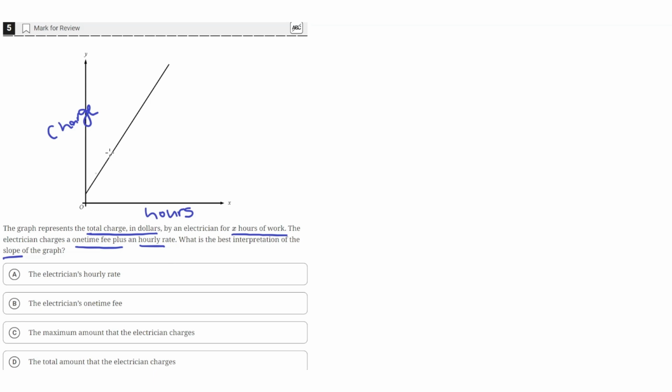And we can see that this line is a linear line, so its equation is of the form y equals mx plus b. In this case, since the electrician charges a one-time fee, the y-intercept is equal to the one-time fee, which is equal to the value of b.